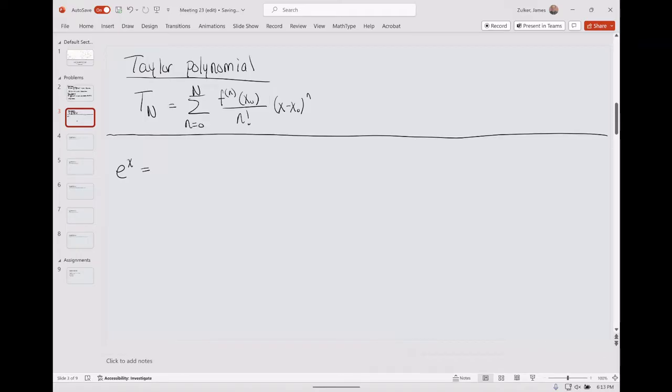We have a series for e to the x: sum of x to the n over n factorial, valid for all x.